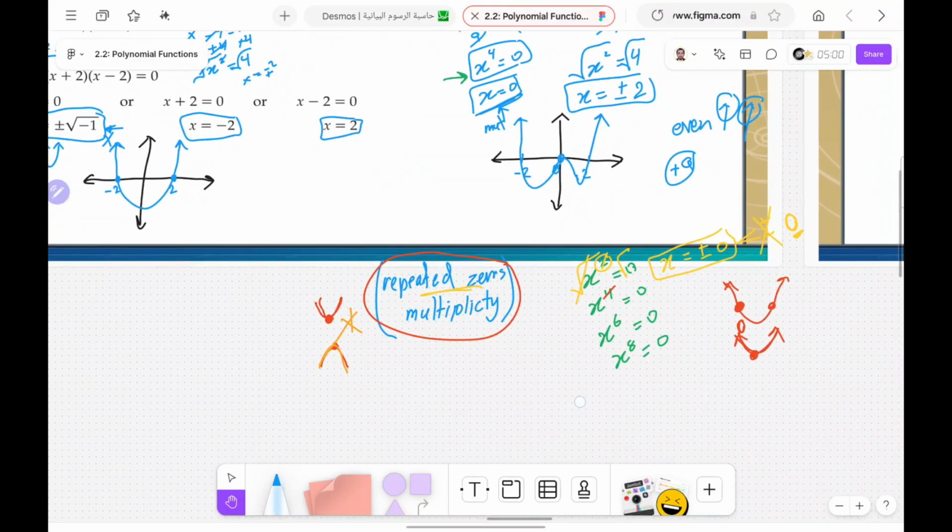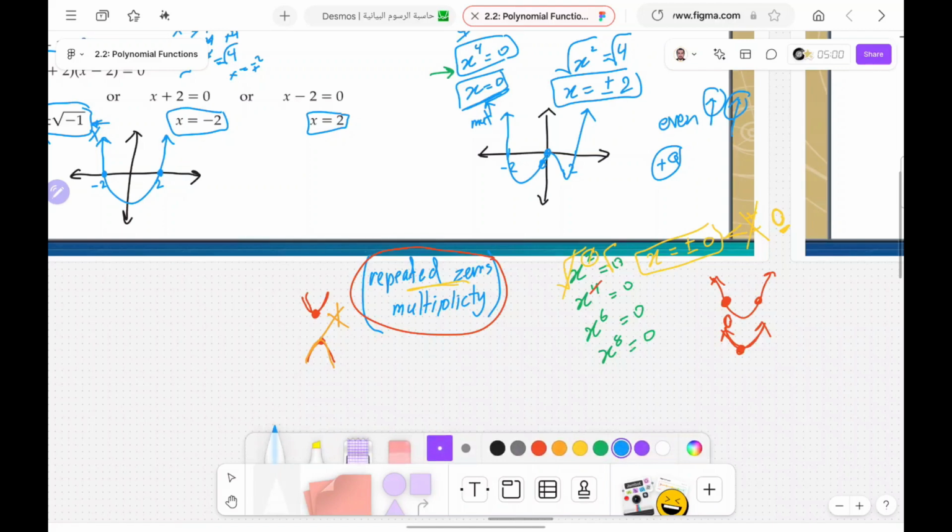Other examples of multiplicity: if you have x minus 2 squared, or x plus 4 squared, this is also considered multiplicity. Or let's say x minus 6 to the power of 4, also multiplicity.